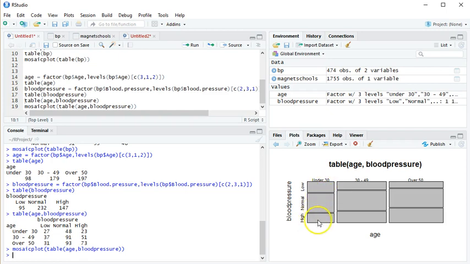They're saying under 30 has the highest amount of low blood pressure. 30 to 49, there's more high blood pressure. You can see that the amount of high blood pressure is higher, and then over 50 has much more high blood pressure. The number of people with low blood pressure decreases as people age. So there does seem to be some kind of effect going on, that as people get older, they're more likely to have high blood pressure.